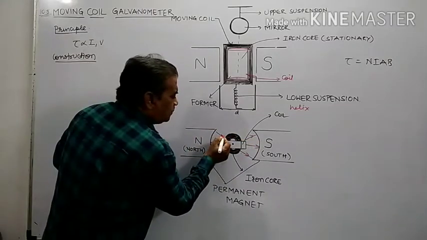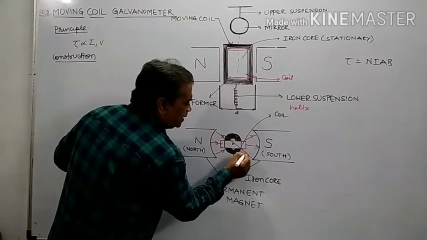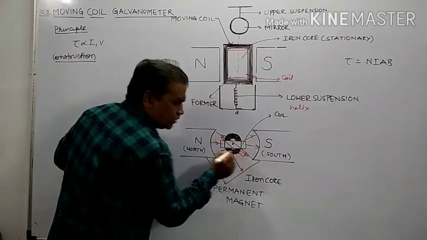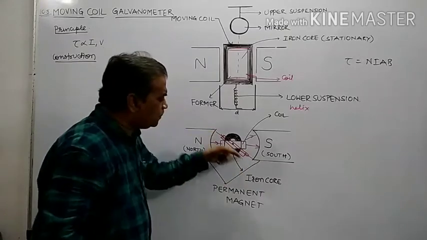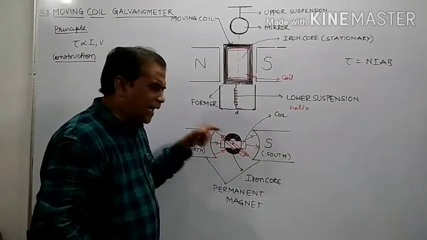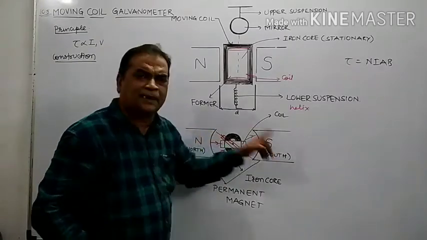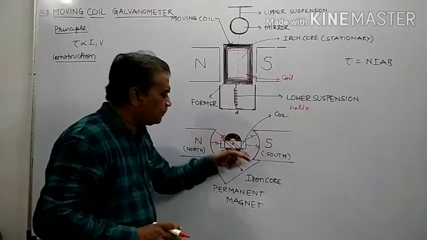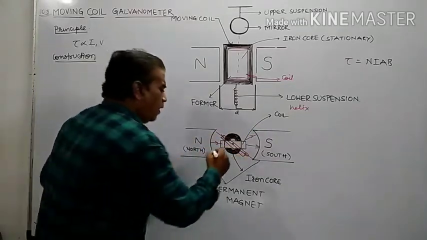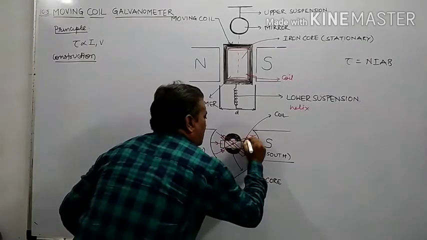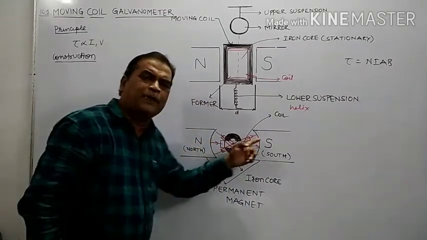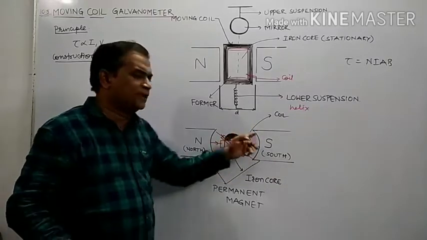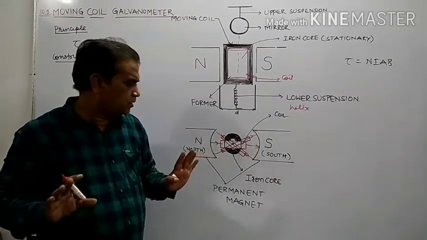And if the coil is rotated when current passes through it, the coil may rotate and acquire this position. For this position still, the magnetic field produced by the cylindrically concave pole pieces is parallel to the plane of the coil. Or after rotation, if the coil acquires this position, still the plane of the coil remains parallel to the direction of the magnetic field.